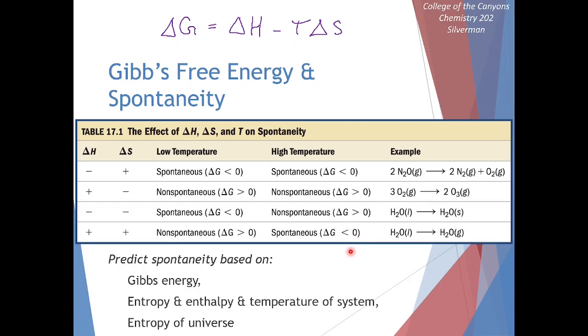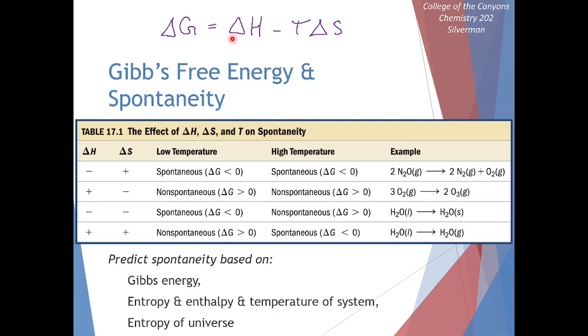We can look at this qualitatively. We can also look at this quantitatively. We have Hess's law to try to figure out the delta H of our system, or perhaps calorimetry to figure this out experimentally. We have Hess's law again to figure out delta S for our system.